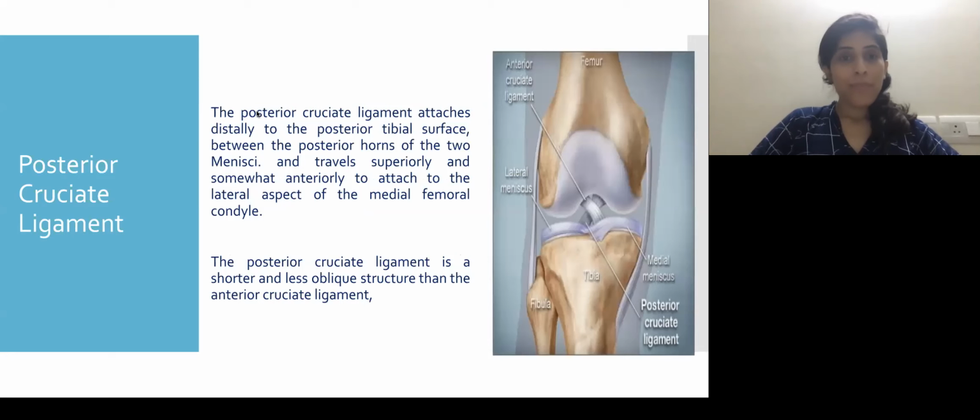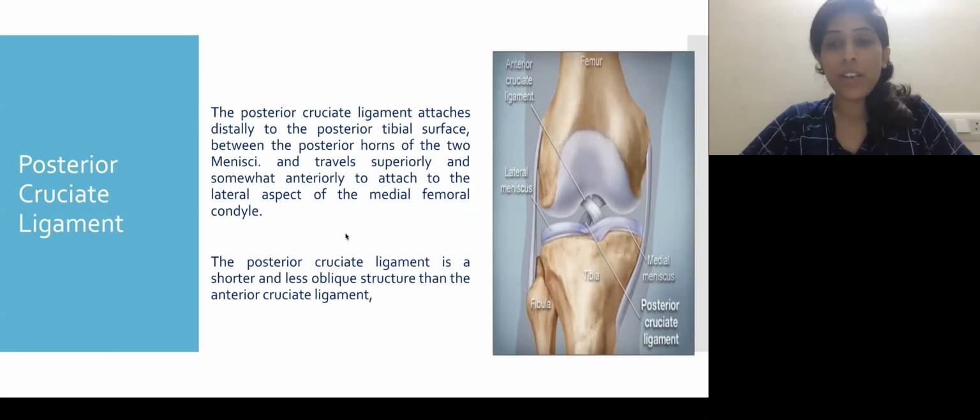In the same way, we also have the posterior cruciate ligament. The posterior cruciate ligament is attached in the posterior direction, on the posterior medial aspect of the lateral condyle. It runs anteriorly and attaches to the medial aspect of the lateral condyle, on the surface of the intercondyle.